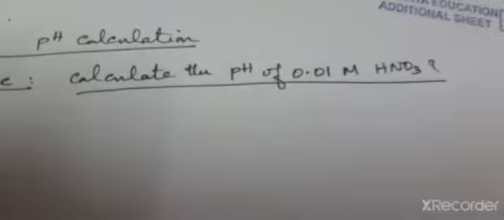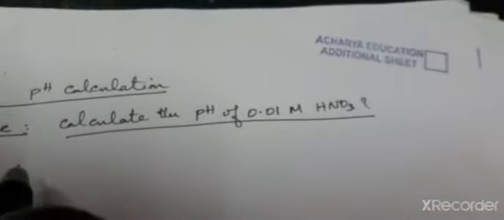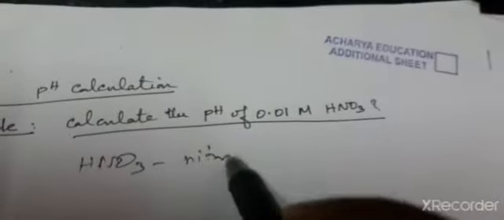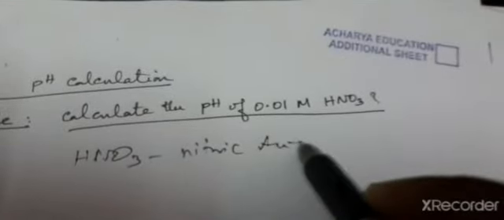Molar, molality, normality, there are different units to measure the concentration. M is to denote the concentration of the solution. And here HNO3 is given. HNO3 is nothing but nitric acid. You have to know this is nitric acid.